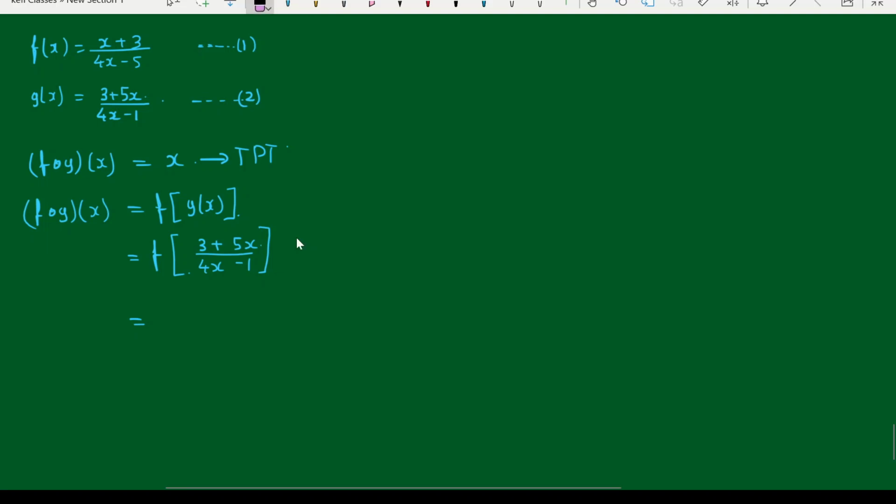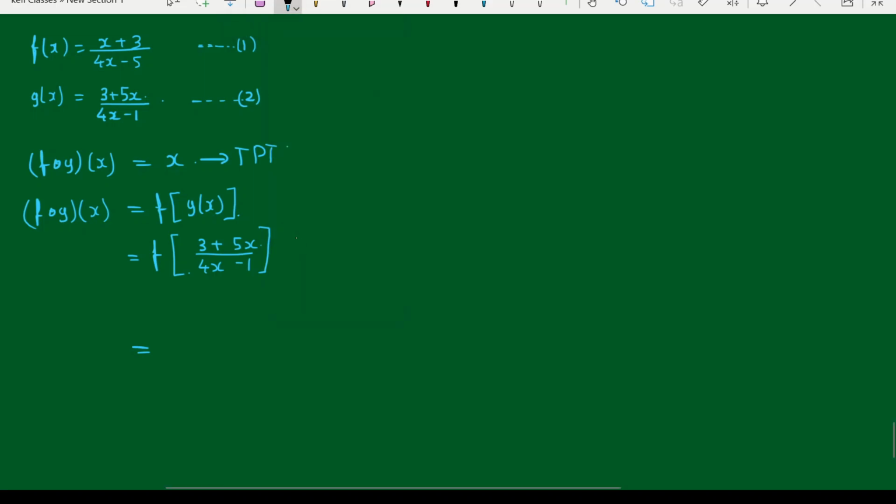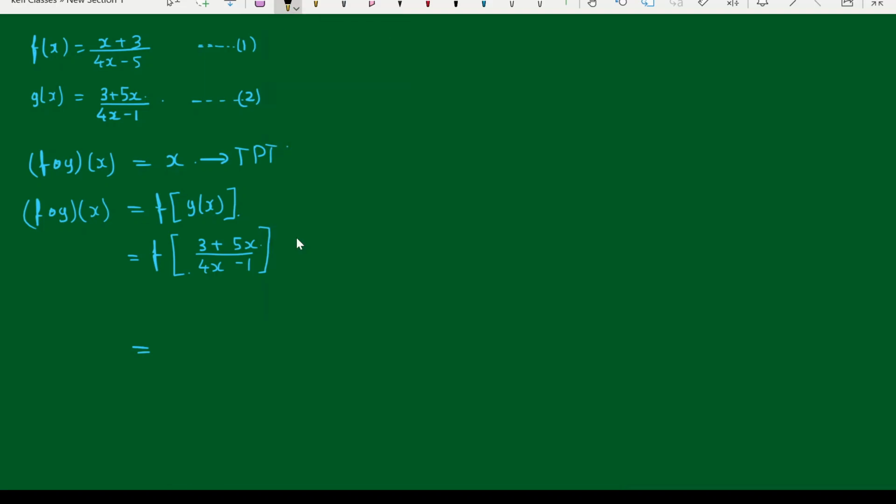So now what you should do? So in the definition of f of x, you are going to write, instead of x, (3 plus 5x) upon (4x minus 1).